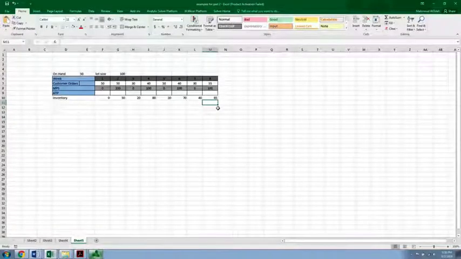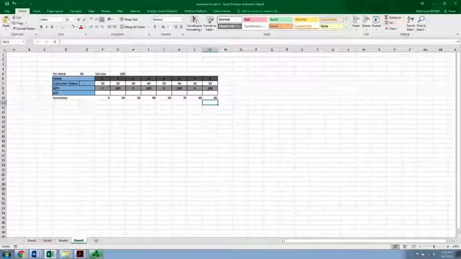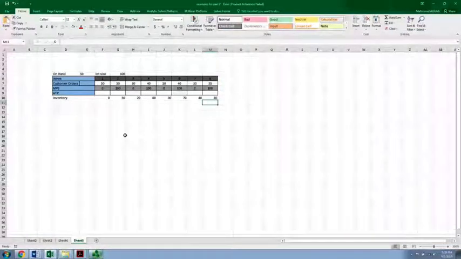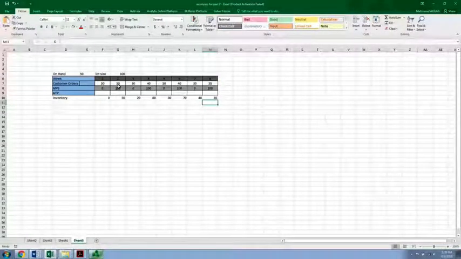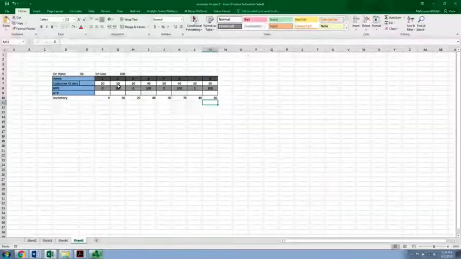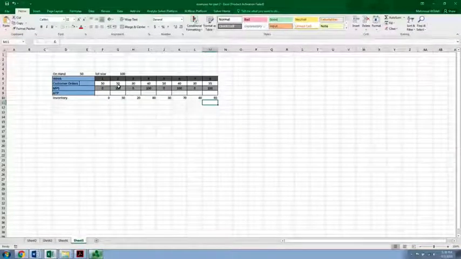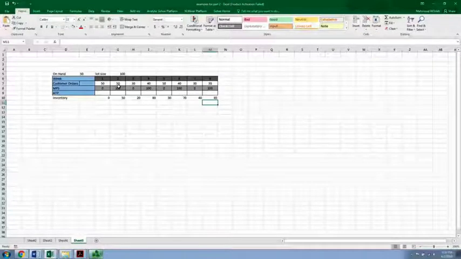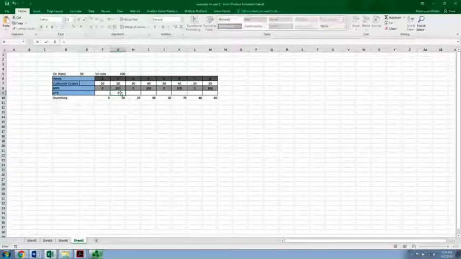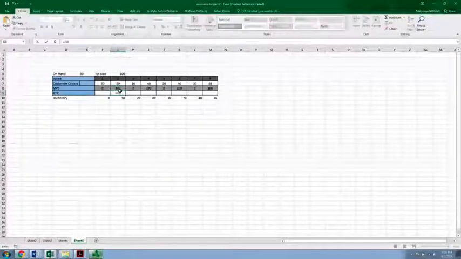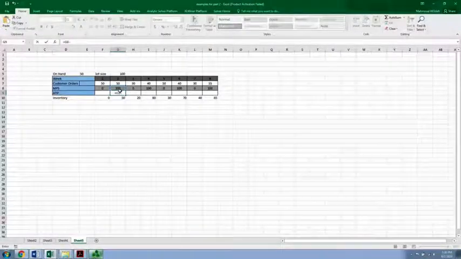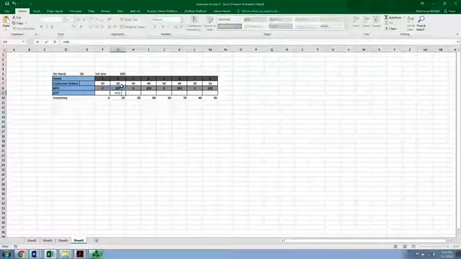The available to promise, pay attention right here. We could calculate it by finding out the customer demand before the next MPS. So available to promise would be equal to the current MPS that we have, minus the demand before the next MPS.